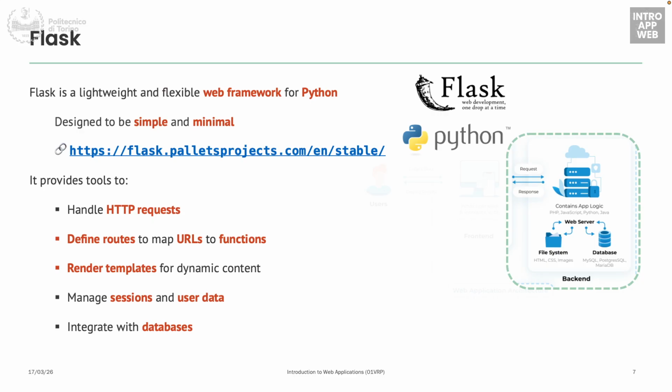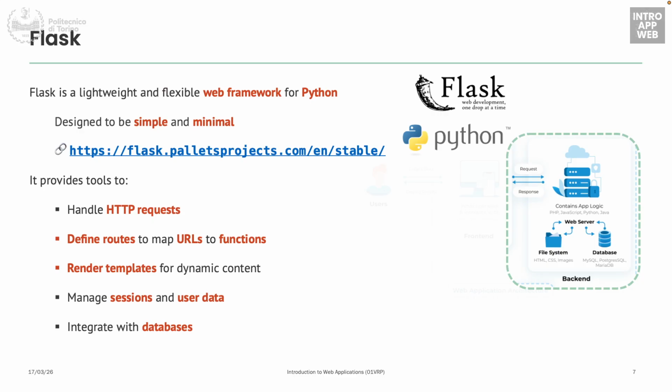So with Flask, we have the opportunity to handle the HTTP requests, which means when a user sends me a request with this URL, I will retrieve this or that. To define the routes, that is the specific URLs, and to define how we will manage those requests.